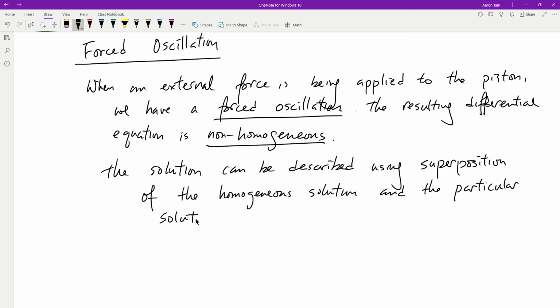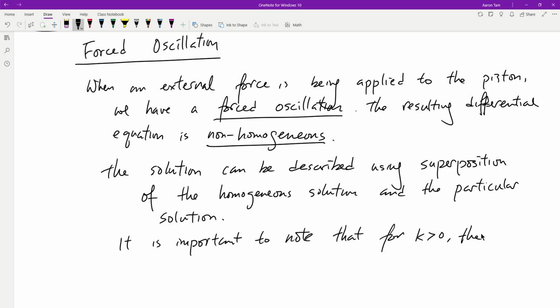Now, something interesting I do want to point out is important to realize. It is important to note that for k greater than 0, the homogeneous part will almost guarantee to contain e to the negative k over 2m t.